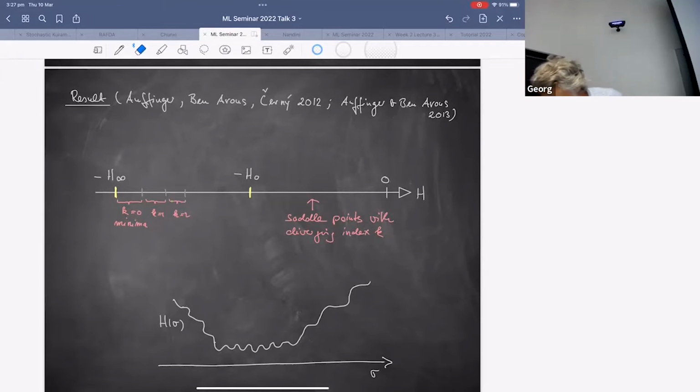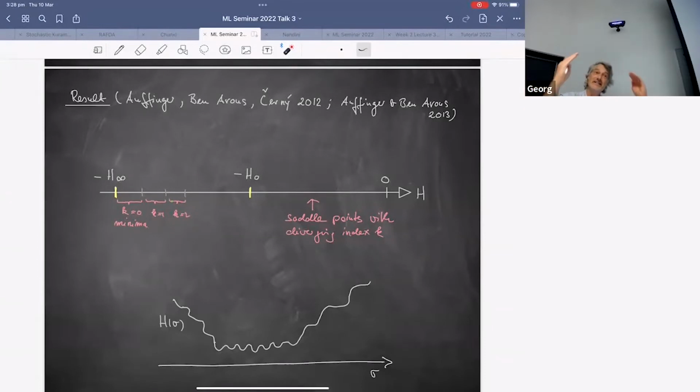They found, if you look at the energy, and remember H you want to minimize, that the minima are very close to the minimal energy that you can get. And then you have this layered structure where you fill it up with saddle points with an index k.